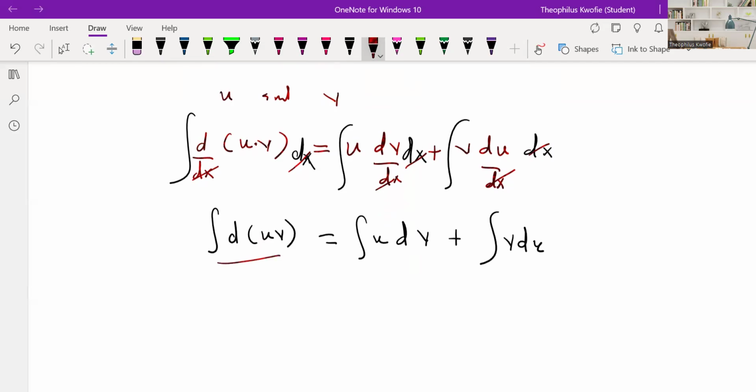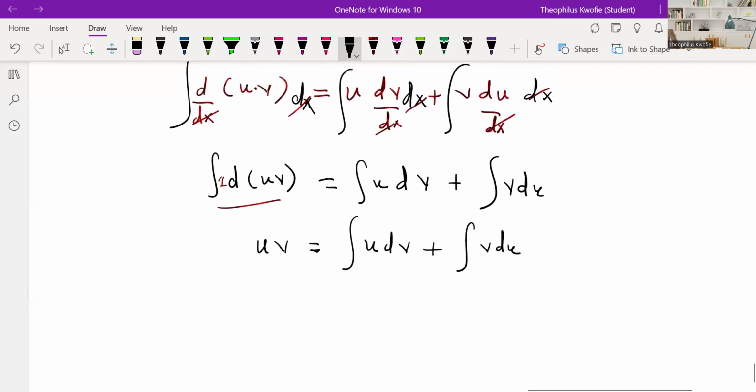Over here, you see that the integrand is 1. So when you find the integral of that, the integral of this will just give us uv, and we maintain the other term as well. Very good. Now what we need to do is isolate this.